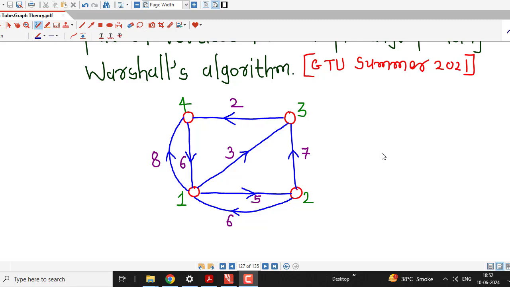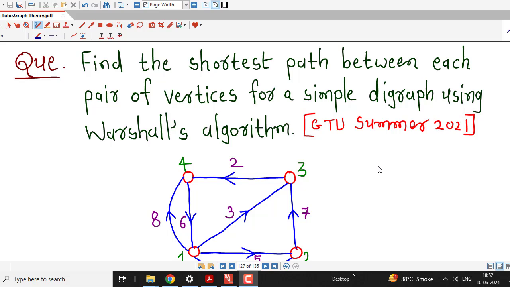So whenever we have this type of weights assigned on the edges of a graph, we can write down the weight matrix for the graph. Now here the question is to find the shortest path between each pair of vertices for the given graph.